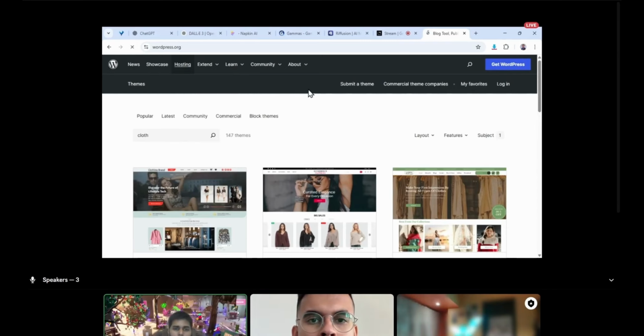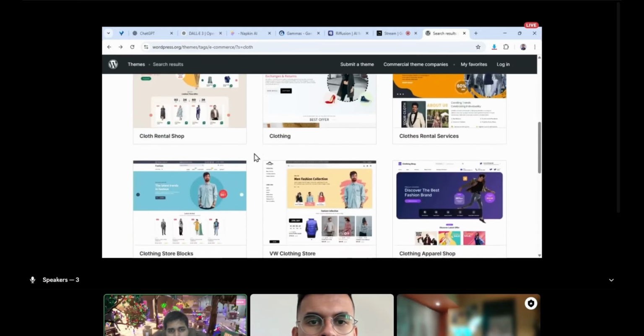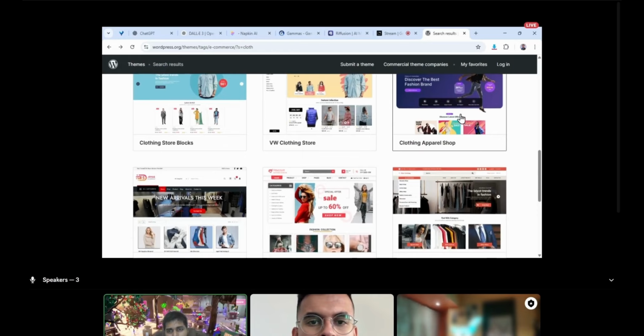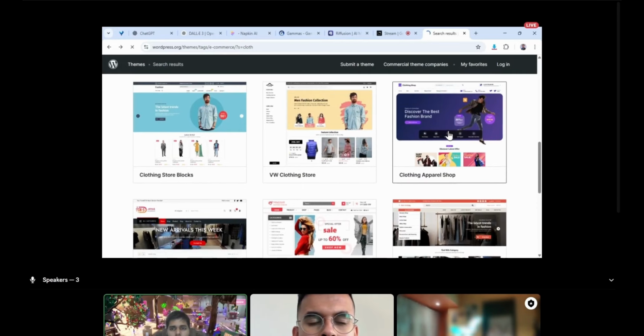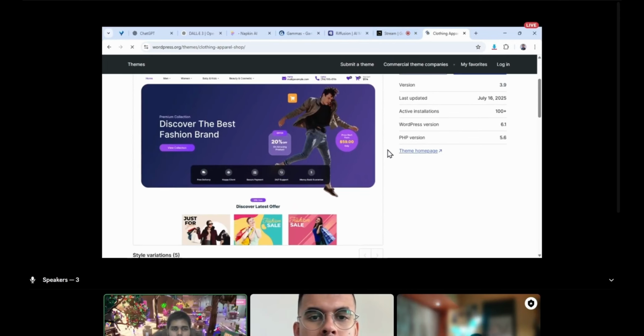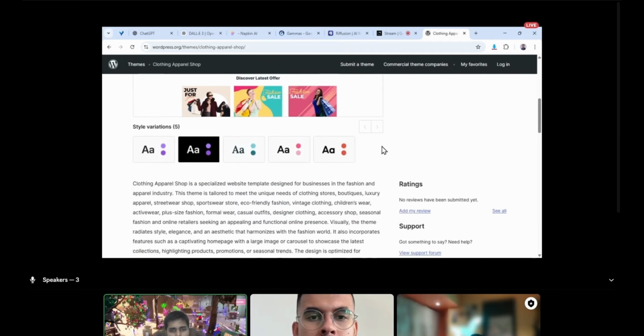Can you help me select a good theme? Okay, I see that you're on the WordPress theme page. Since it's for an upcoming event, you might want to look for themes that are event focused or have a clean, modern design that can be easily adapted. Do you have a specific type of event in mind, like a conference, a concert, or something else? No, I want to redesign this page. It is a clothing website, but I want to do it for my event. Can you help me do that?